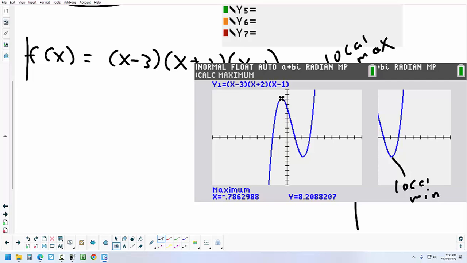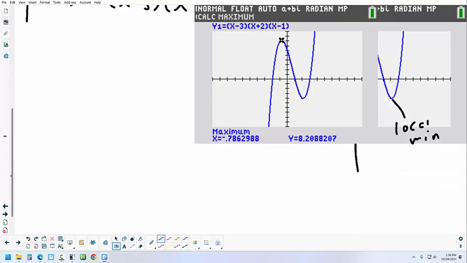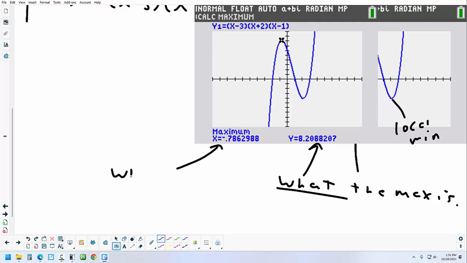So depending on what the question asks you, that'll control which number you write down. This is what the max is. The maximum is 8.2. That's what it is. And this is where it is.